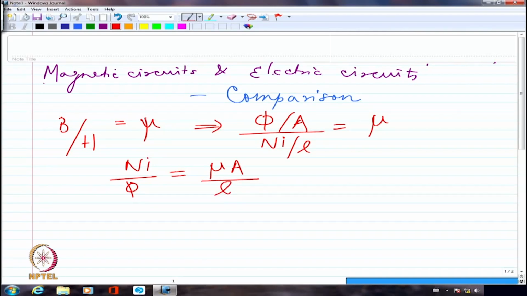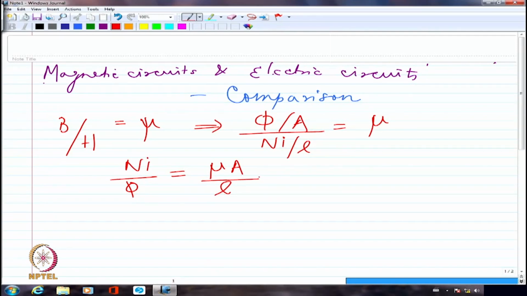So this is essentially something called reluctance, which is equivalent to the resistance in the case of an electric circuit. If I have an electric circuit excited by a voltage source V, I'm going to have a current flowing through it, which will be less if the resistance is more, and more if the resistance is less.